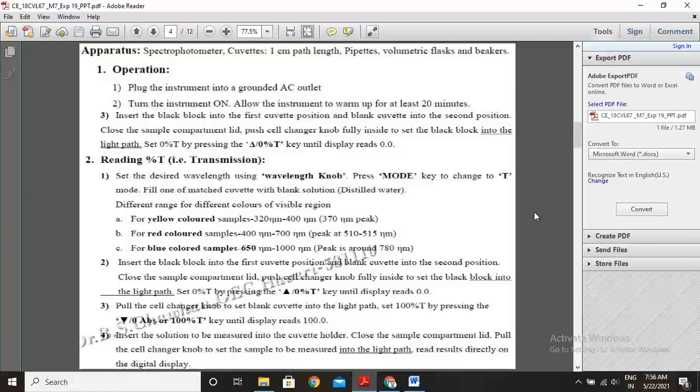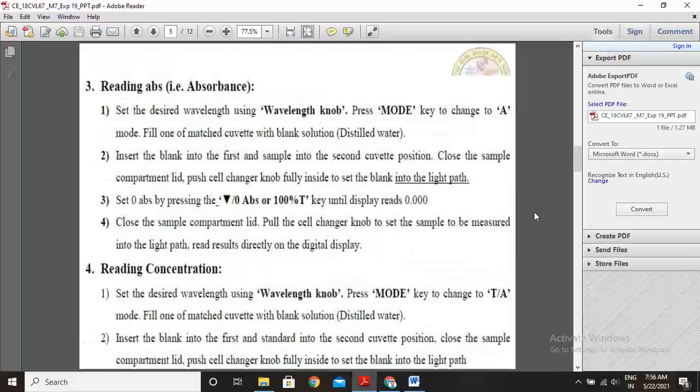Then close the sample compartment lid. Pull the cell changer knob to set the sample to be measured into the light path. Read results directly on the digital display. So these are the steps of how to read the T value of a sample.